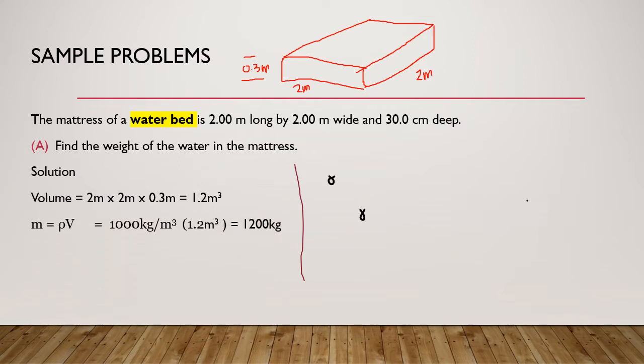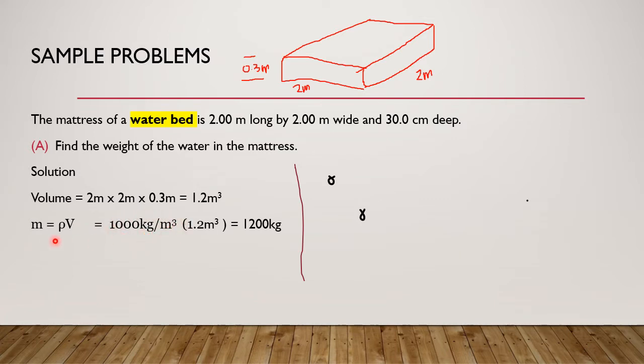Ngayon, alam natin yung volume, pwede natin makuha raw yung mass dahil ito ng mga density ng water, alam natin, no? Mass is equal to rho times V. Ito yung sinasabi natin na rho is equal to mass per unit volume. So, substituting values, this one is 1,000 kg per cubic meter. Constant po yan.